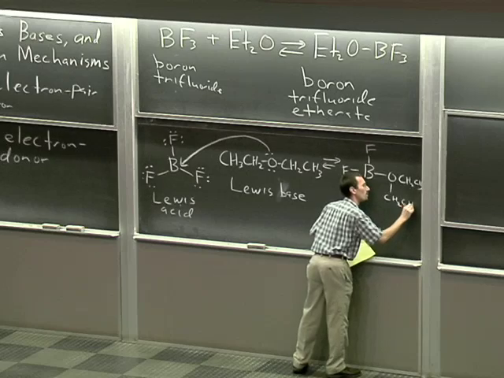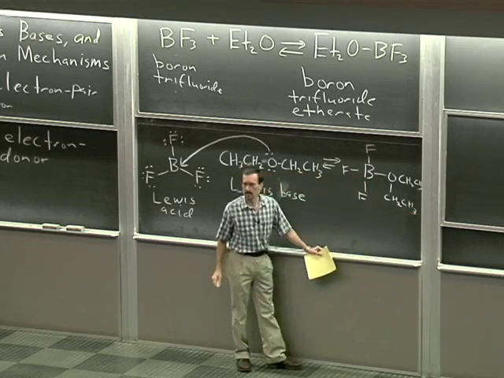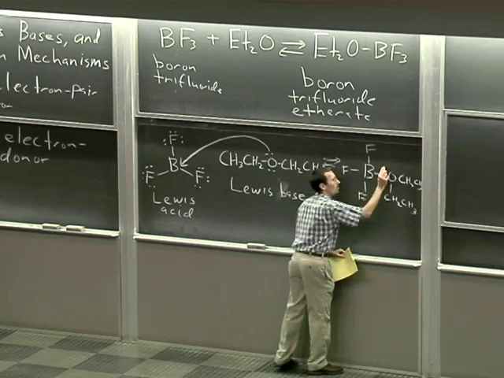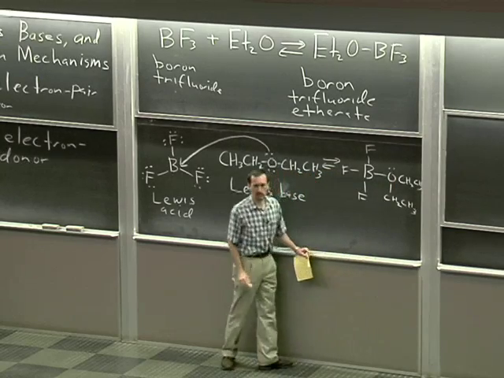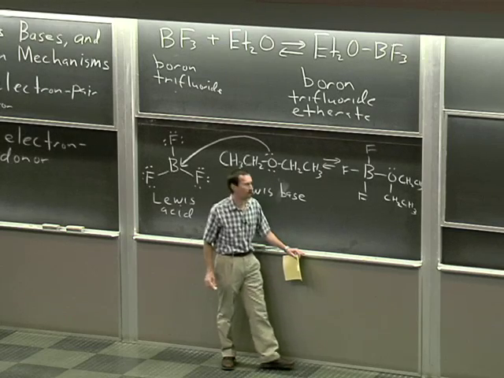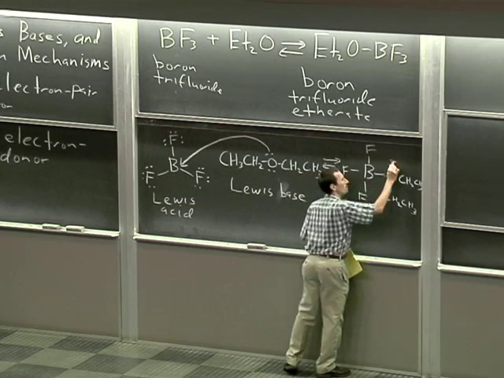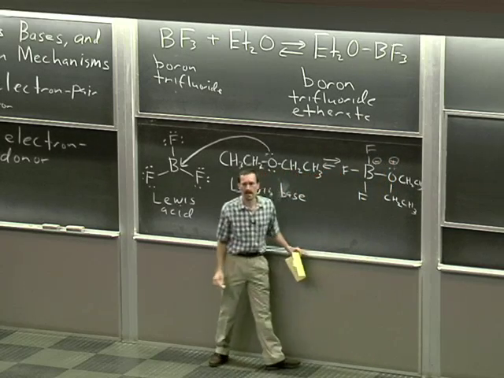So the CH2CH3s coming off the oxygen with one lone pair on the oxygen. Now we have formal positive charge on the oxygen, formal negative charge on the boron. You'll notice that we have not created any net charge.